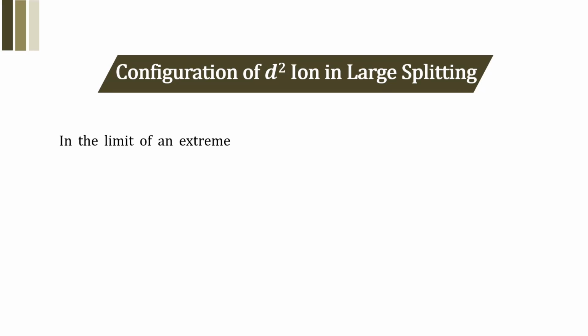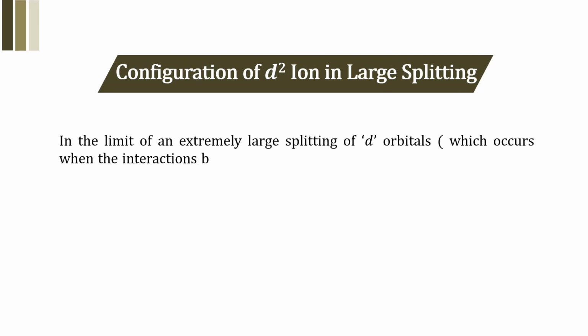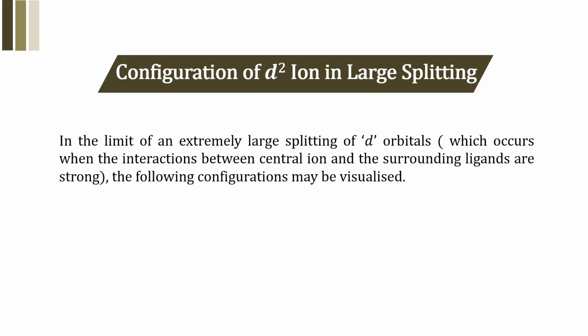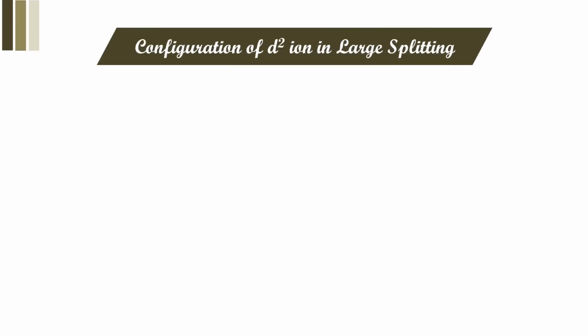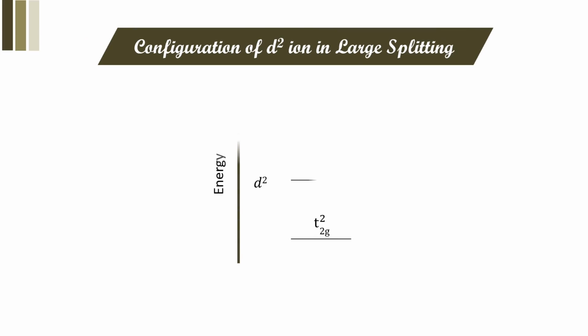So in the limit of extremely large splitting of d orbitals, the configurations that are possible are these, in terms of increasing energy: either t2g2, or t2g1 eg1, or eg2.